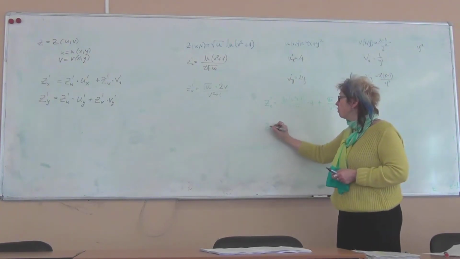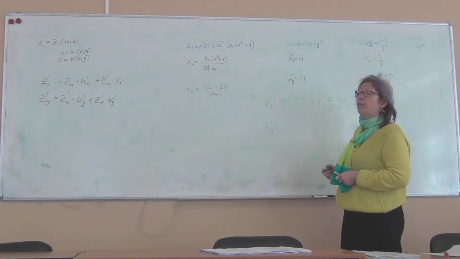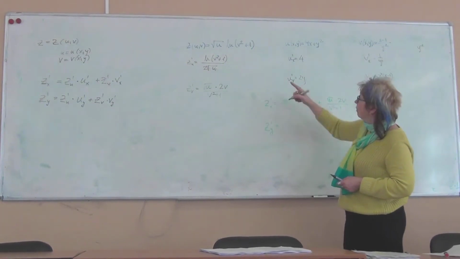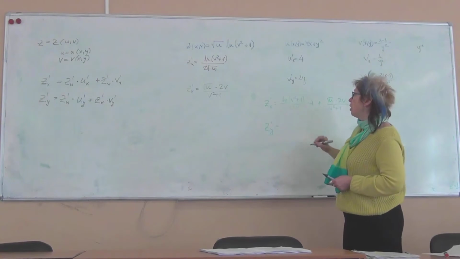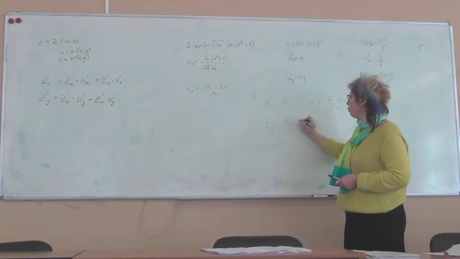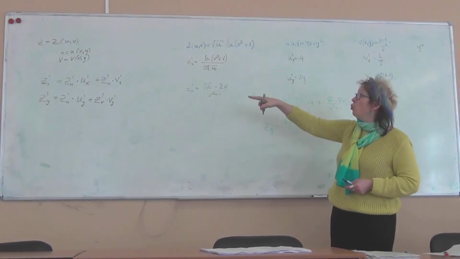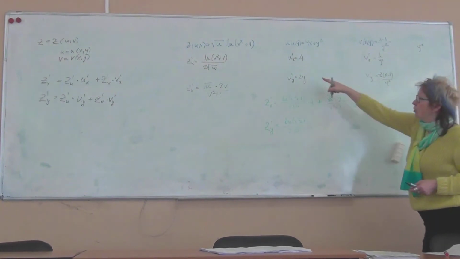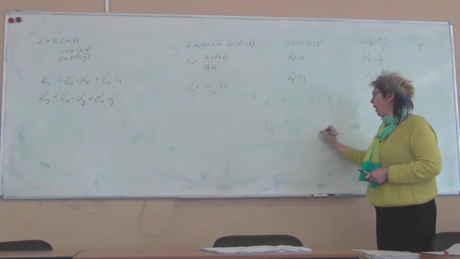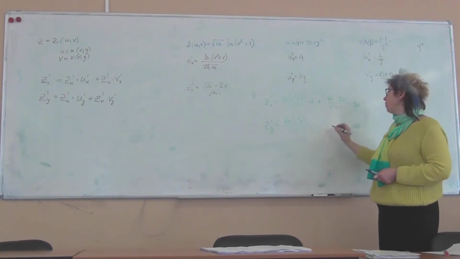And of course, the second partial derivative by y, again, z derivative by u, ln of v squared plus 1 divided by 2 square roots of u, times u derivative by y, which is 2y. And yes, we can simplify it a little bit.